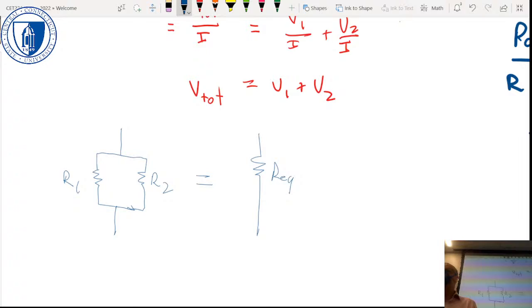You can think about it like this. If you've got Ieq flowing out of here, you've got I1 flowing in, you've got I2 flowing in. So remember Kirchhoff's current law, the sum of the currents flowing into the node equals the sum of the currents flowing out of the node.